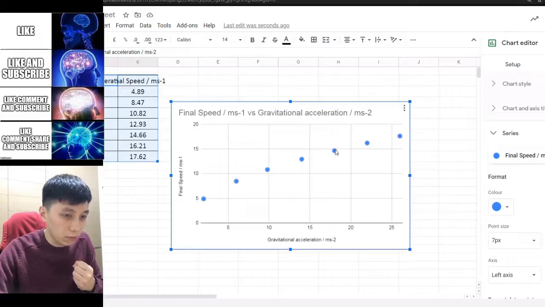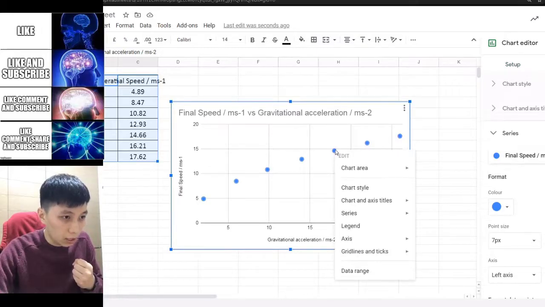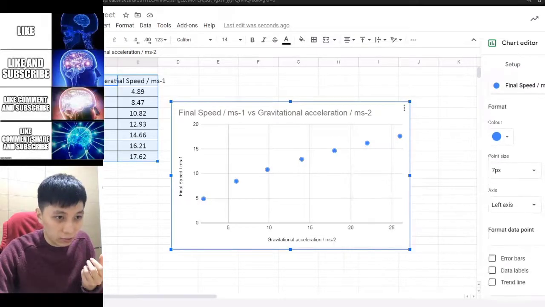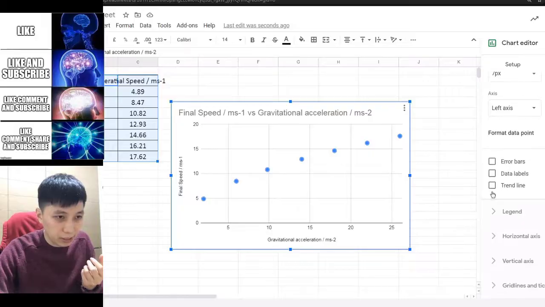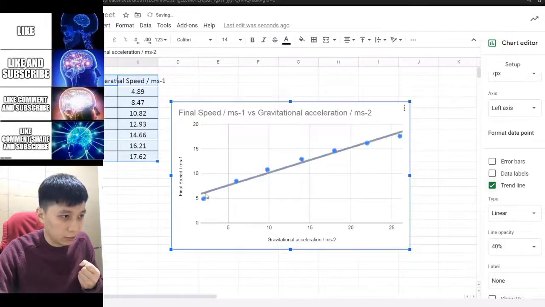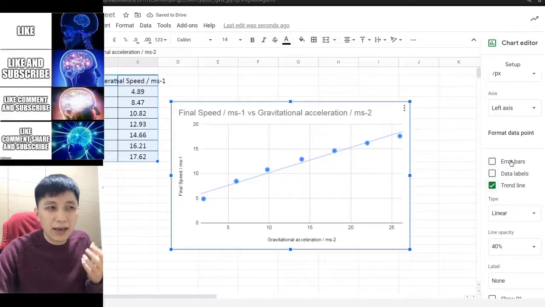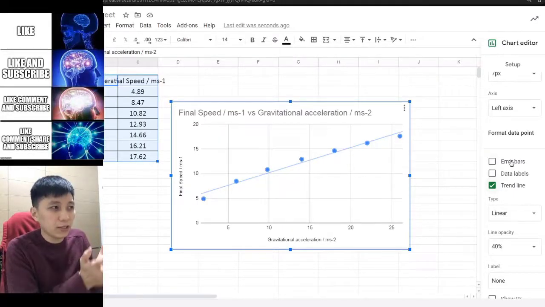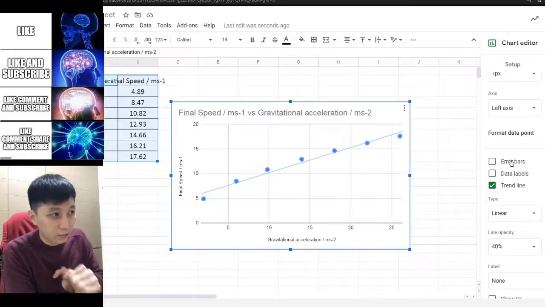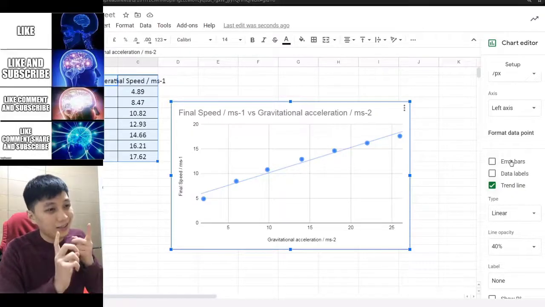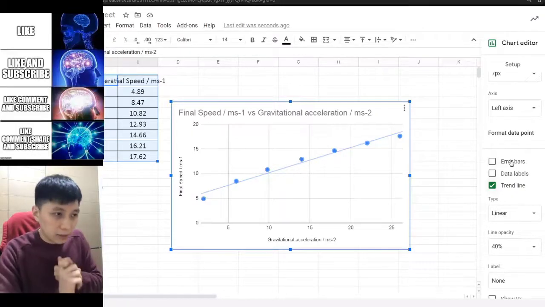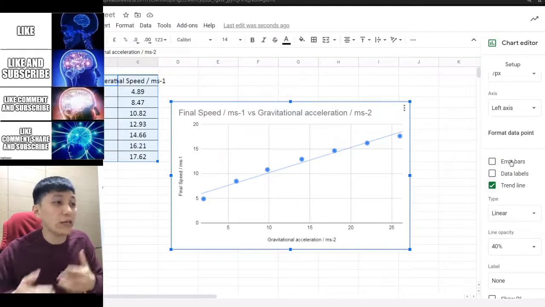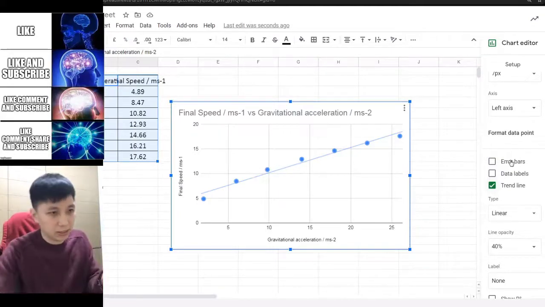So what you have to do is to click it, and then on the right hand side you'll be able to see trend line. Click this and you see a straight line, and obviously you see that the relationship between what we are finding, the gravitational acceleration and the final speed, is not linear. I hope this is something that you can judge based on the numbers itself.